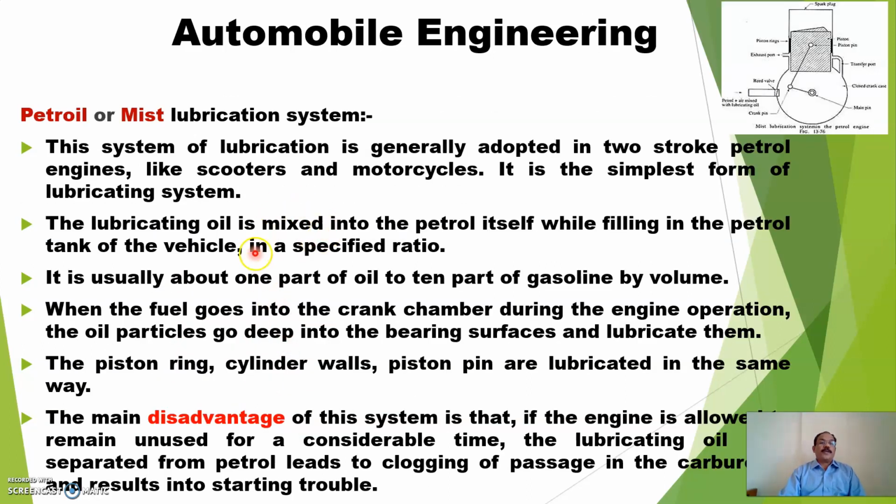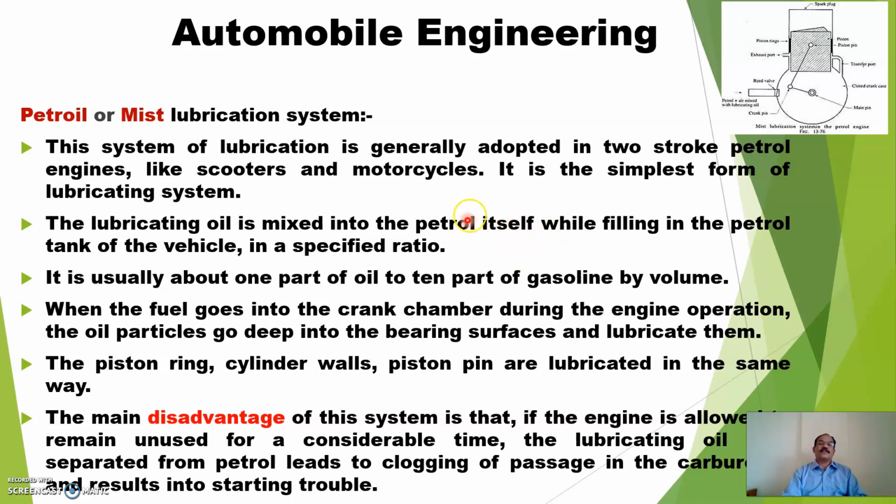Now what is the petrol or mist lubrication system? This type of system is out of this curriculum, because it is not used right now. This system is used in two-stroke petrol engines. What is the procedure?